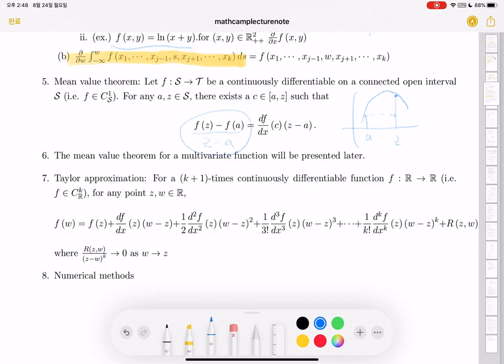So this is the slope of this line. And the mean value theorem tells you that, under some conditions of course, there is a point c such that the tangent line at the point has the same slope as this line segment here. It's called the mean value theorem. So the mean value theorem is the existence of such points.